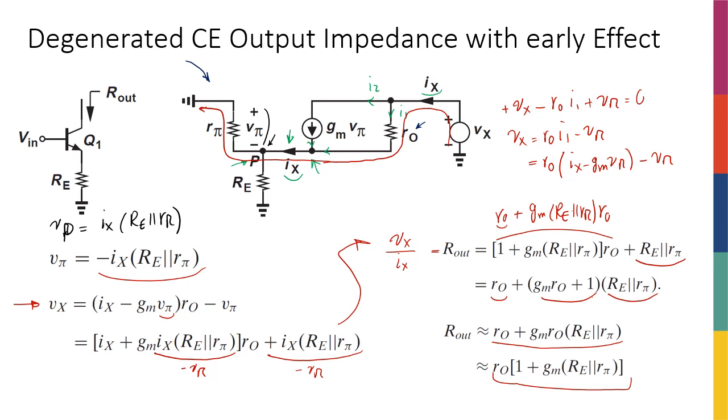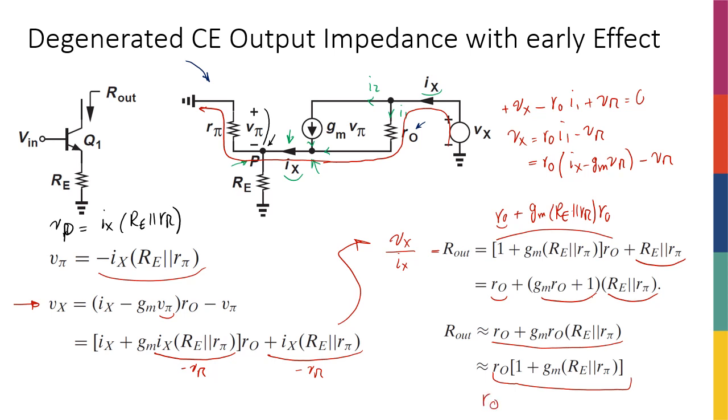Okay, so maybe the biggest lesson is that when you bring the early effect into the picture, it's just going to get really, really complicated. But at the end of the day, you get an R out that is much bigger than what we had before. So with a normal common emitter amplifier, the resistance looking into the collector was just R naught, right?